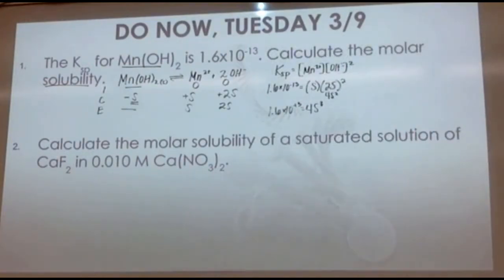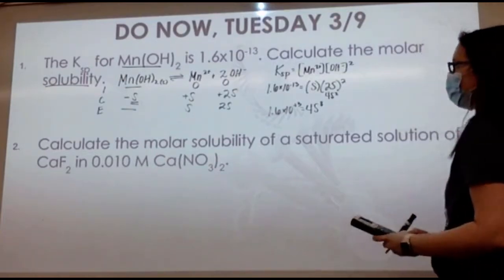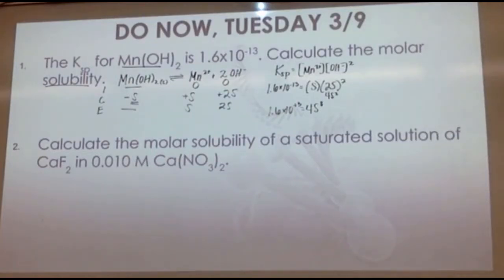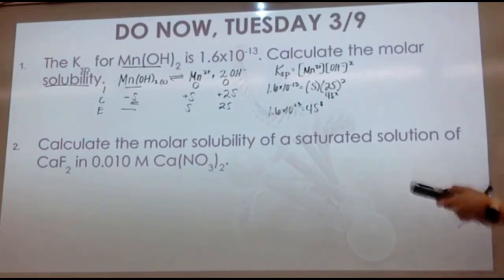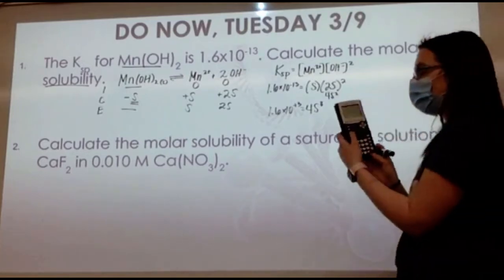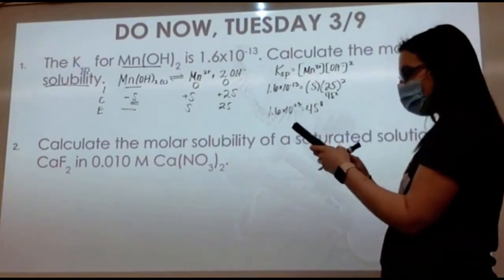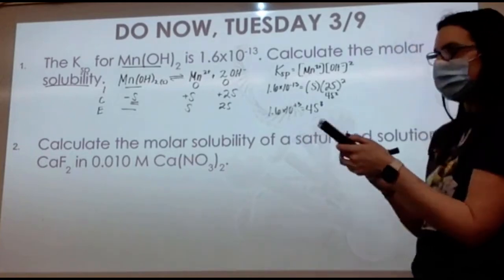And then we solve for S. Make sure you can do cubed roots in your calculator, because between yesterday and today, we've had to do cubed roots. So I'm going to do 1.6 e negative 13 divided by 4. That's 4 times 10 to the negative 14.